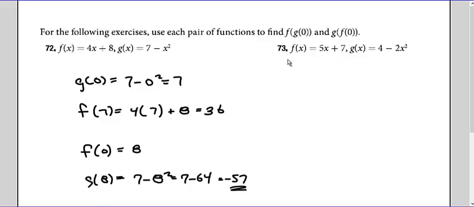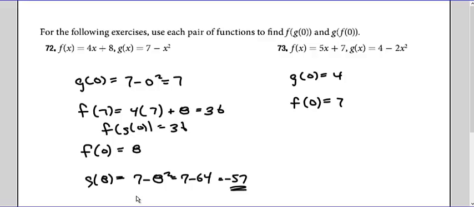Okay. Do the same thing over here. So g of 0, plug in 0 and we'll get 4 minus 0. And then we do f of 0. Well, f of 0 is going to be 7 because you get 5 times 0. So let's go back and do the first two again. So f of g of 0 is 36.